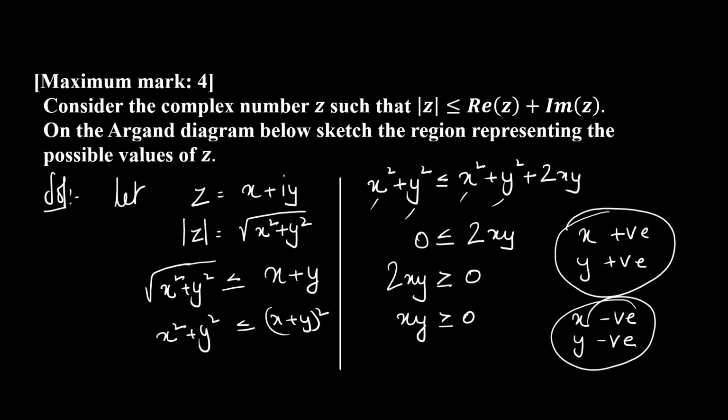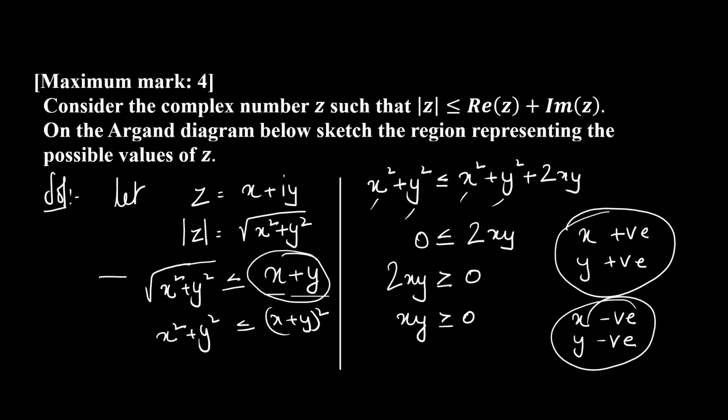However, there is one piece of information that we are missing out. What it's also telling us is that the real part of z plus the imaginary part of z is positive. Now, how do I know that?